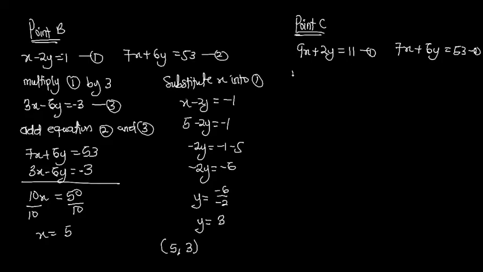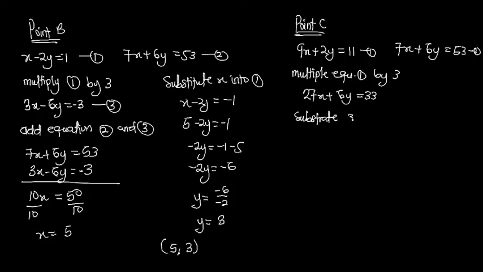I'll say multiply equation 1 by 3. If I do that, I am going to get 27x plus 6y is equal to 33. From here, I can now say subtract equation 2 from equation 3.